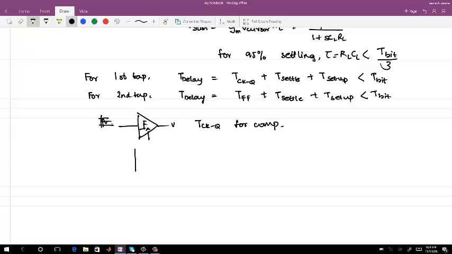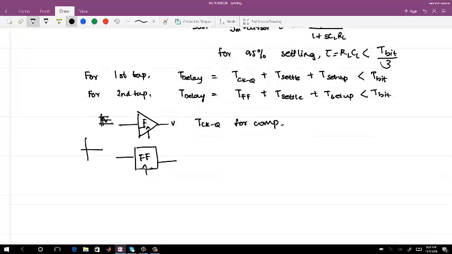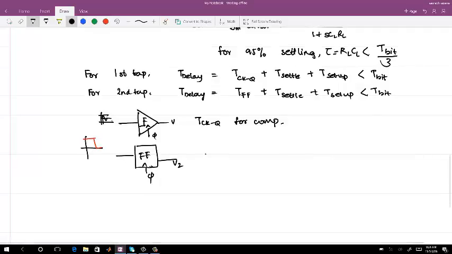For the second tap, you are actually having a flip-flop, which is also clocked, but which sees more or less full-scale input, because Dn minus 1 is a digital signal. So you have a 1 and 0 signal. Okay. And you have this output again. So this is T flip-flop.